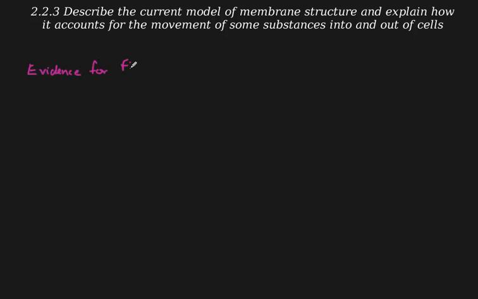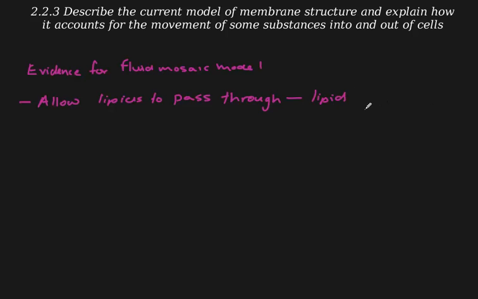So the first bit of evidence is that it allows lipids to pass through the membrane. Therefore, it must have a lipid basis. If it allowed water molecules or ions to pass through, it wouldn't be a lipid basis.